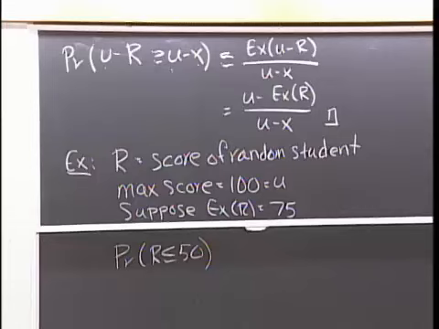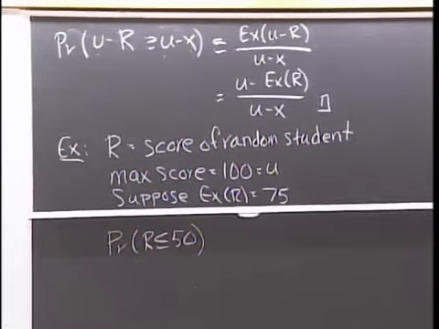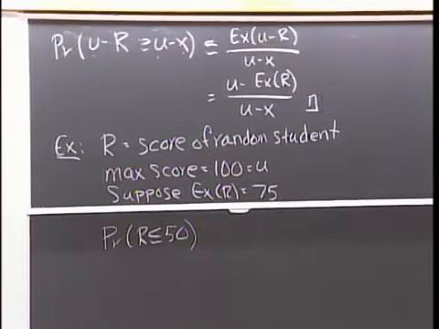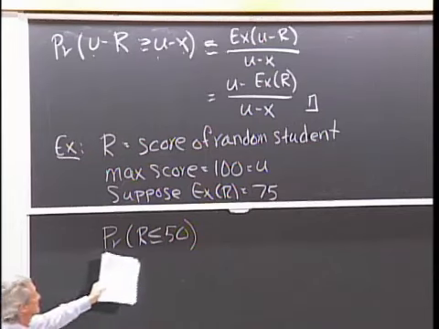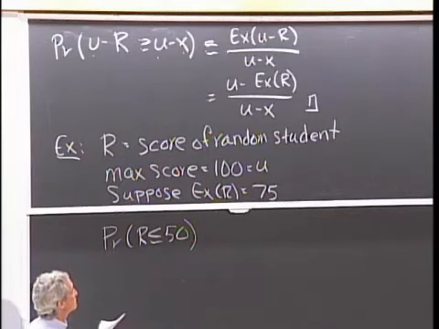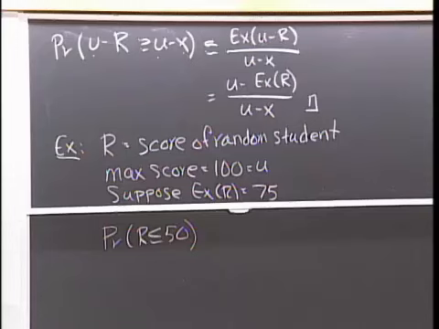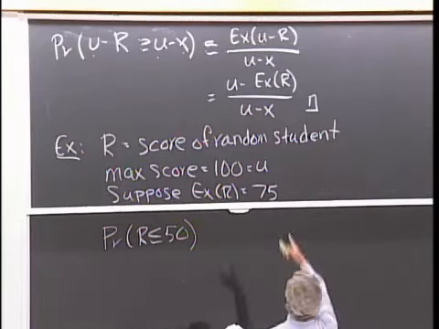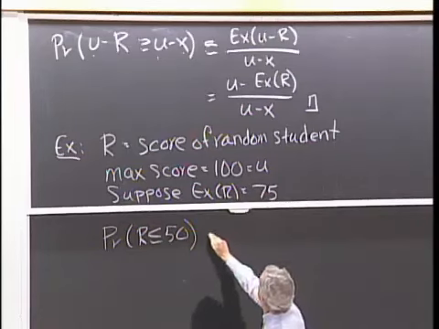Okay, can we figure that out? I don't know anything about the distribution, just that the max score is 100 and the average score is 75. What's the probability that a random student scores 50 or less? I want to upper bound that. So we just plug it into the formula.